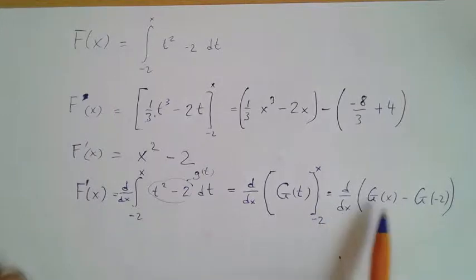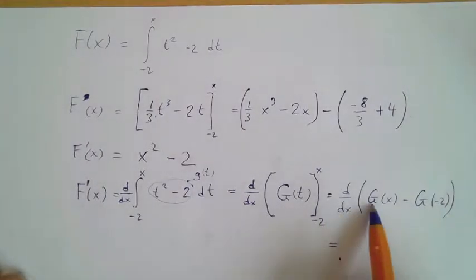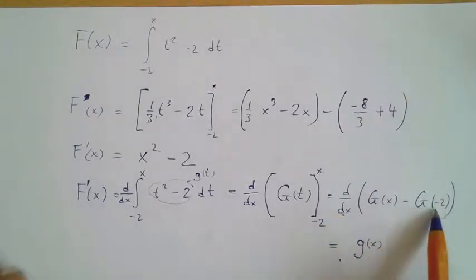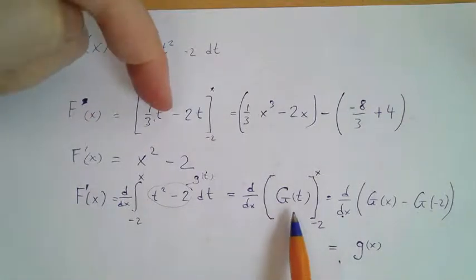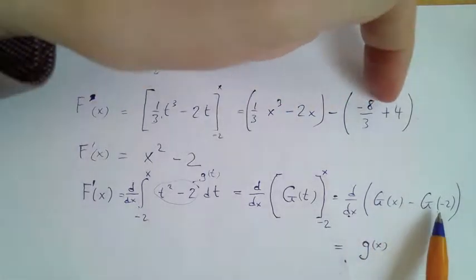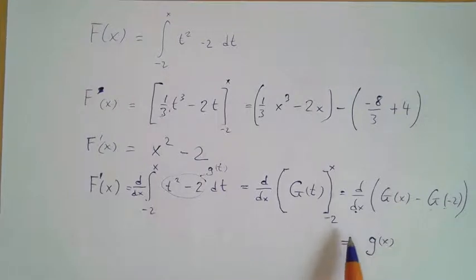And then when I take the derivative of that, the derivative of capital G of x is g of x, and the derivative of capital G of negative 2 is 0, because this is a constant. What you can see is this step, and then this is here, minus that is here. So we're really just doing the same thing. And finally, we find that it is equal to g of x.